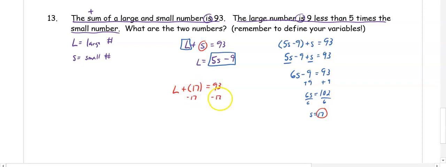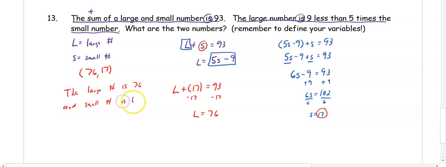We can subtract 17 from both sides, so L is 76. So we get the ordered pair 76, comma 17. So the large number is 76 and the small number is 17.